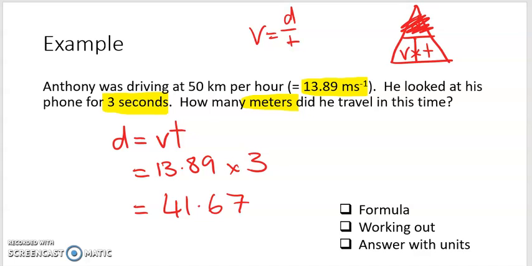And we've got to include units. We're working out distance, so the units we're going to use is meters. So we've used our rearranged formula, worked it out and given our answer with units, and we've found out that Anthony wasn't looking at the road for 41.67 meters.